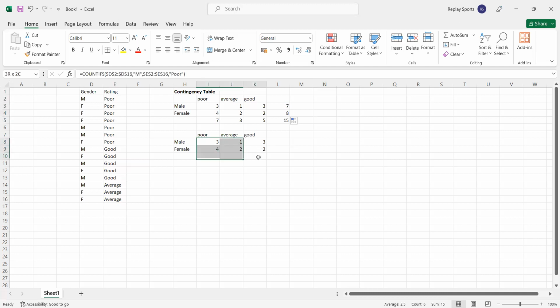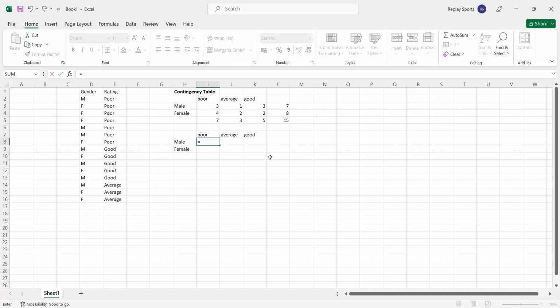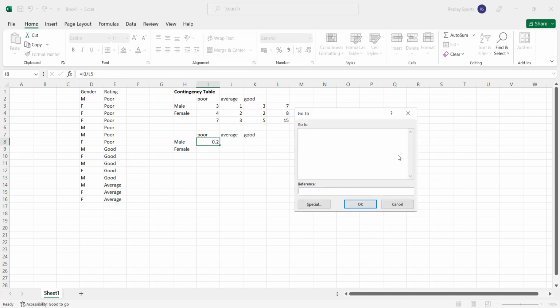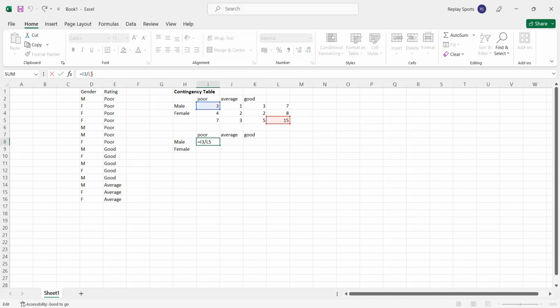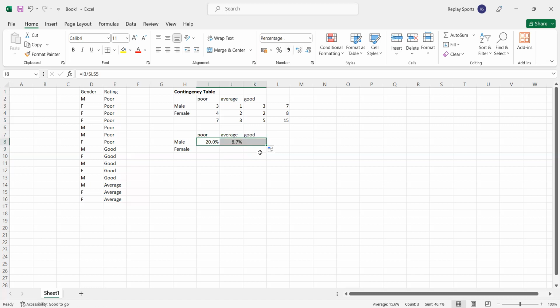Here we calculate the contribution. Poor male. How many are poor male? 3 by 15. So L5 we will fix it. And we calculate percentage. Now you have to do it for all. So this is what we create. This is called a contingency table.